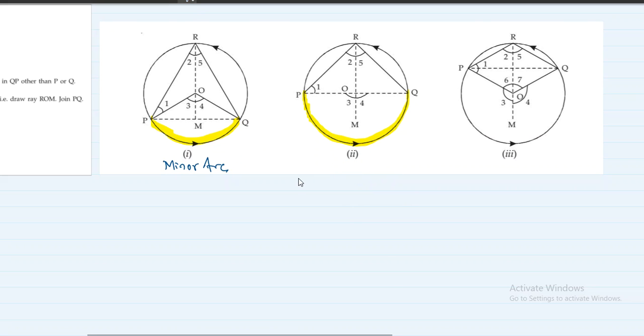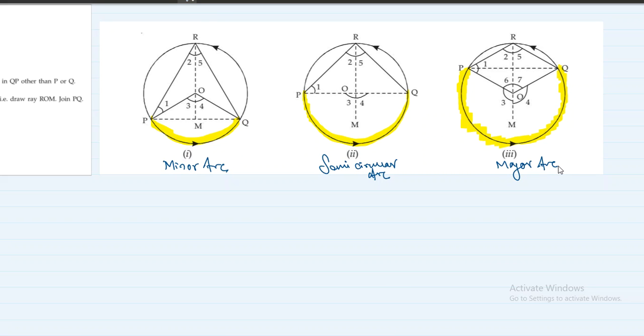It is a semicircular arc. And in the third figure, this is the arc PQ we are talking about, and here it is a major arc.